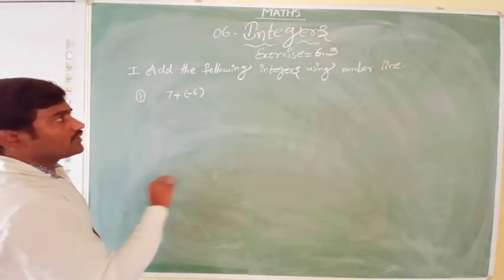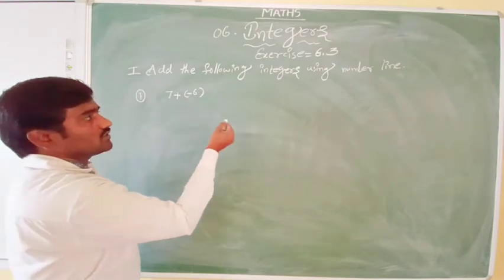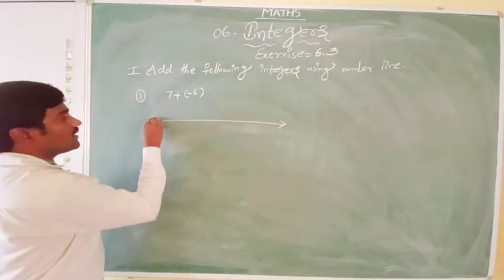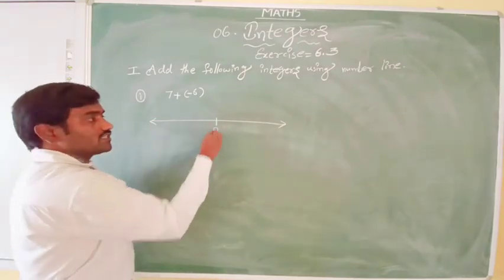Normally we do it in the calculation. We can also do it on the number line. See, it is an integer number line. So it will be 0.